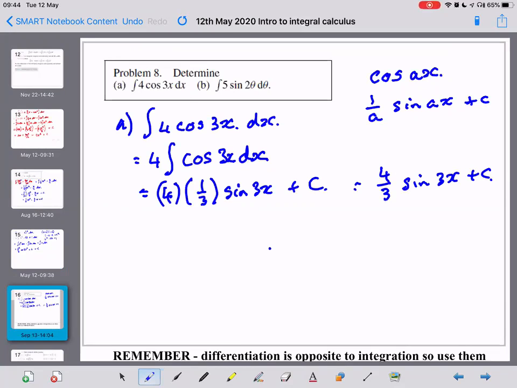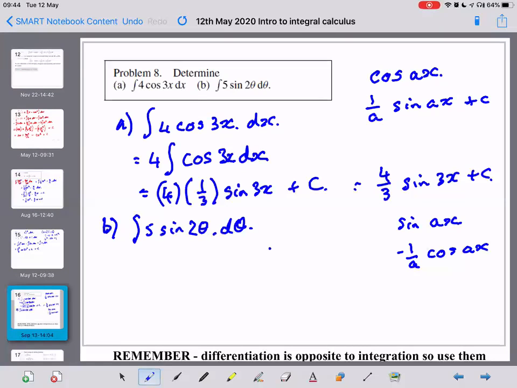Okay, and then the rule for sine ax is minus 1 over a cos ax. So in the second example, B, we've got the integral of 5 sine 2 theta d theta. Different variable, but doesn't matter, still deal with it in the same way. Take the constant outside, integral of sine 2 theta d theta.